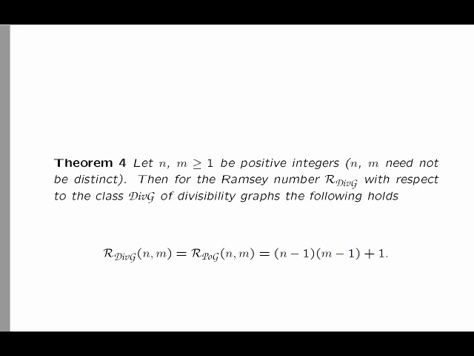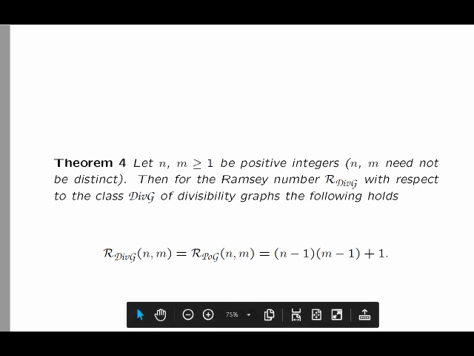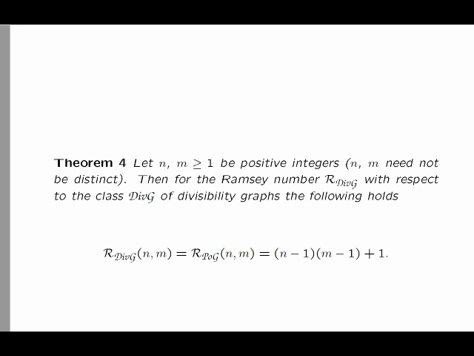Or I will have 9 numbers, B1, B2, up to B9, where none of the Bi is a factor of the other Bi's. Okay, 8 minus 1 is 7, 9 minus 1 is 8. So 8 times 7 is 56, and you add 1, 57.